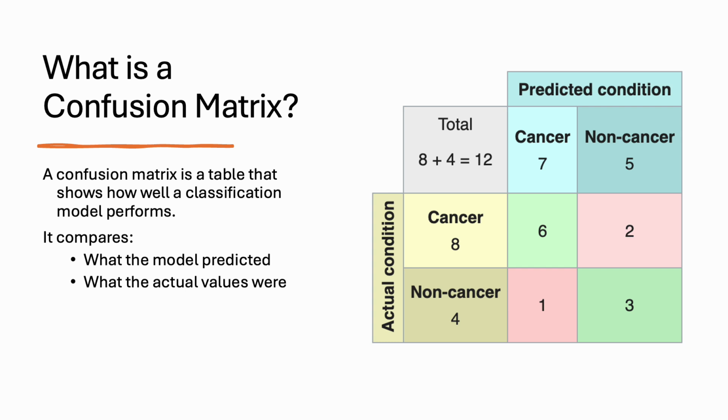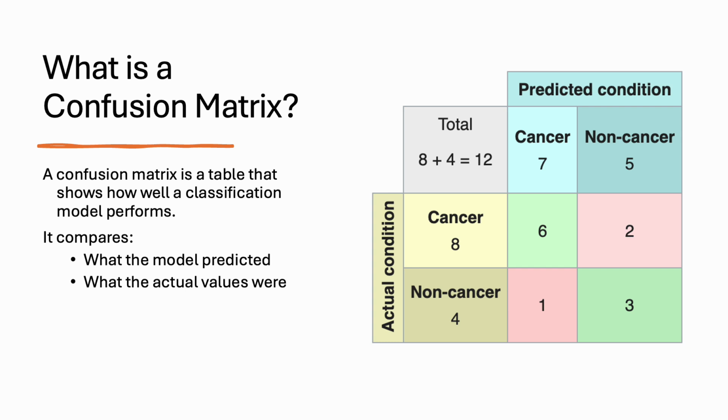cancer. So here in this confusion matrix, in the column we place the predicted condition, what the model predicted, how many cancer and non-cancer, and in the row you can see the actual condition, the ground truth as we sometimes call it.